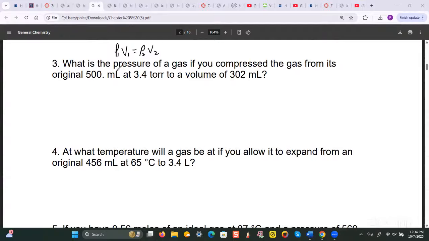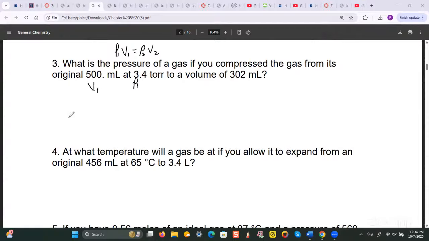So I made the point, when I was going through some examples in the PowerPoint, that when you're faced with a question like this, you have to identify what the different terms are, P1, V1, and so on, right? So what would be P1 in this particular case? 3.41. Exactly. What would be V1 in this question? 500 mL.